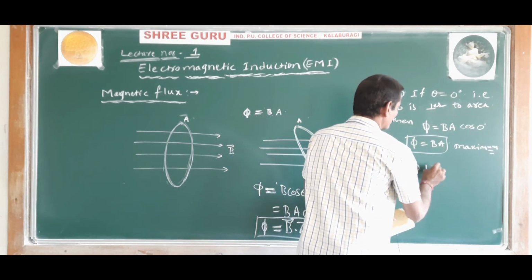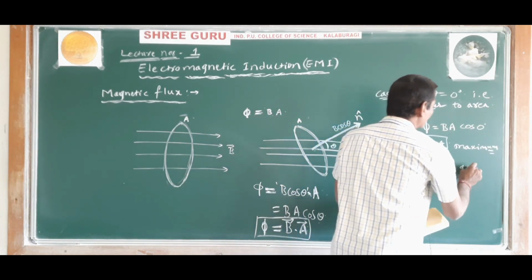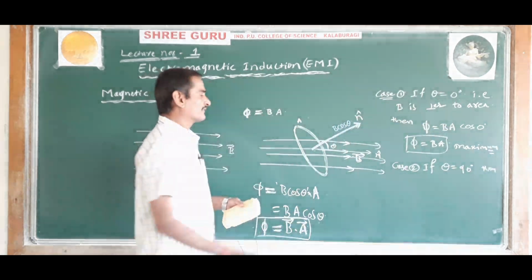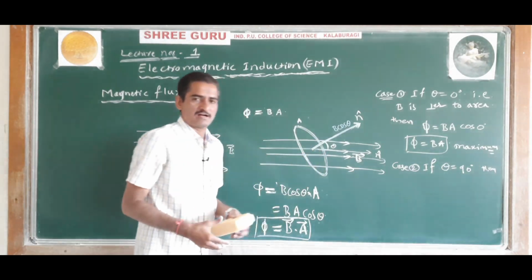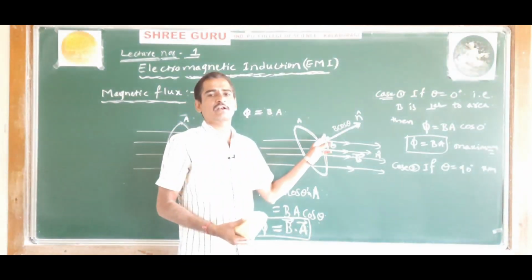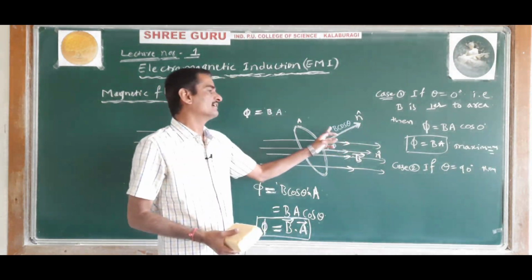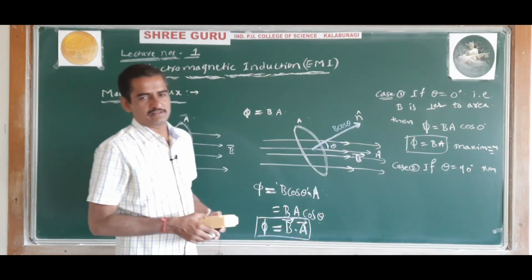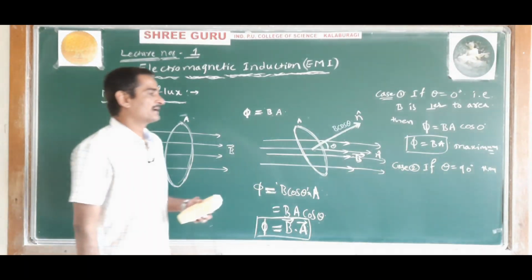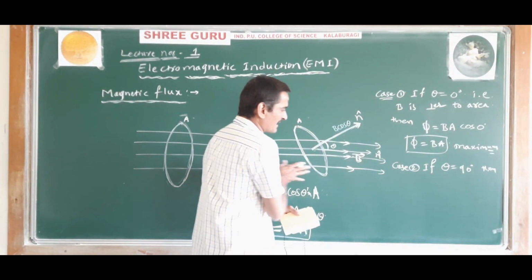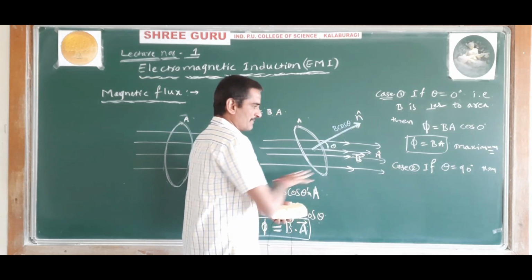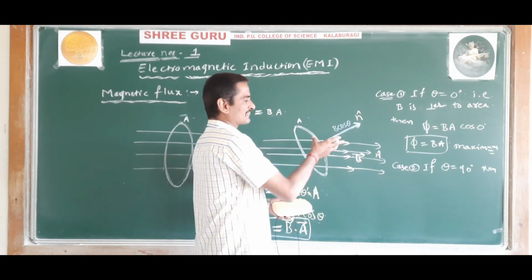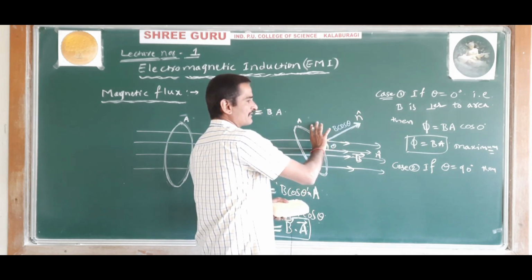Case number 2. If theta is equal to 90 degree, that is, the normal drawn to the area, that is nothing but the area vector. If area vector is perpendicular to the magnetic field, that means magnetic field is in this direction, and area vector is perpendicular to it, like this.